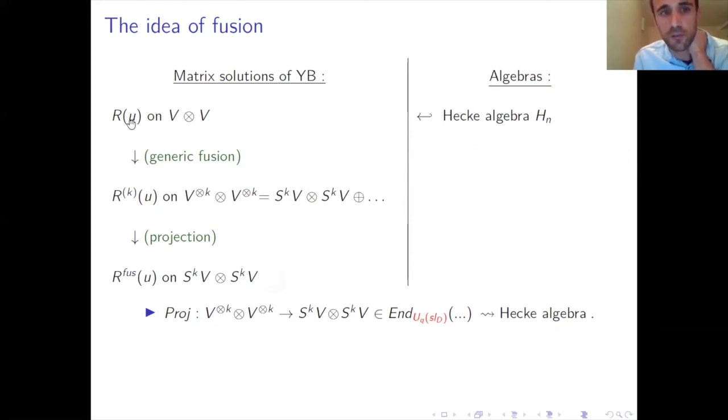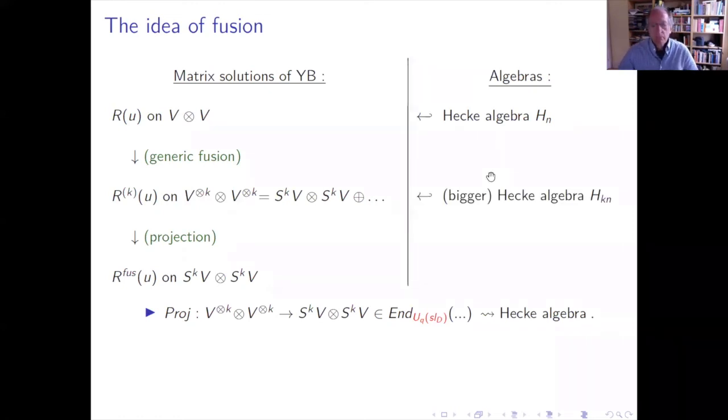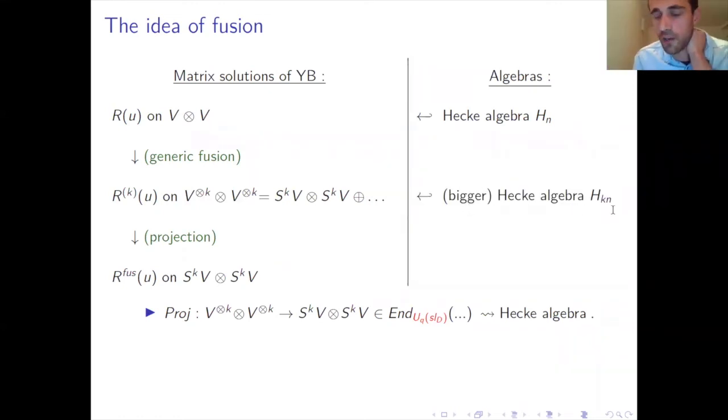The basic solution was controlled by the Hecke algebra. The first step was just taking a much larger space. So we take a larger Hecke algebra, HKN, that's okay. And then the next step was projection, but projection on a vector space, that's okay. Projection on an algebra, what does it mean?